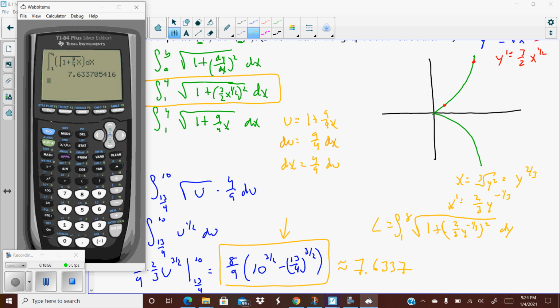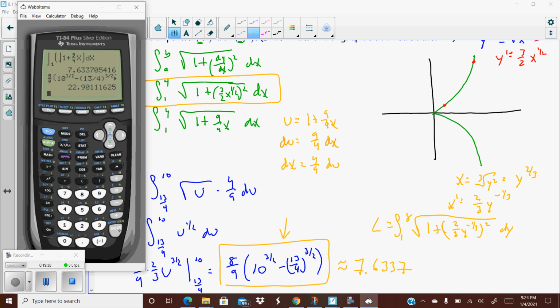So 8/9 of 10 raised to the 3/2 minus 13/4 raised to the 3/2. Assuming that I plugged all this stuff in correctly, it should give us the same value. Let's see if we did this right.